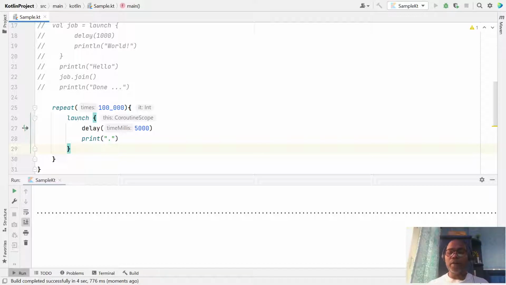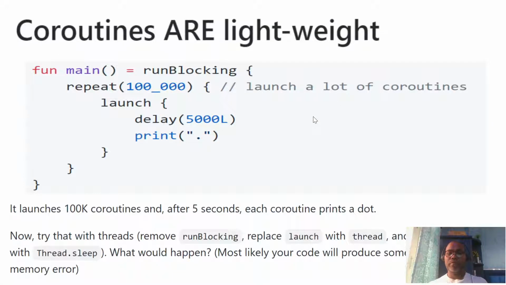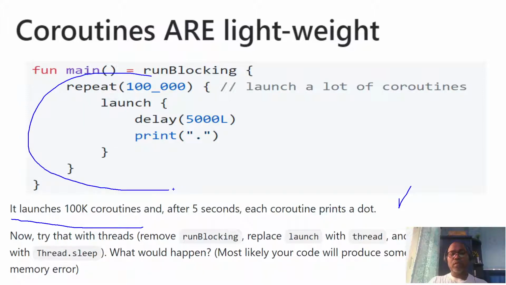To avoid out of memory, if I want to create something like threads, an asynchronous and non-blocking set of code, please use coroutines. Here in this example we launch 100,000 coroutines, and after 5 seconds it prints. But if you write the same code using threads, you might get an out of memory exception, or maybe your laptop has enough memory space and you don't get it.